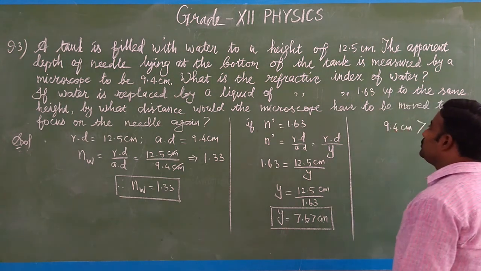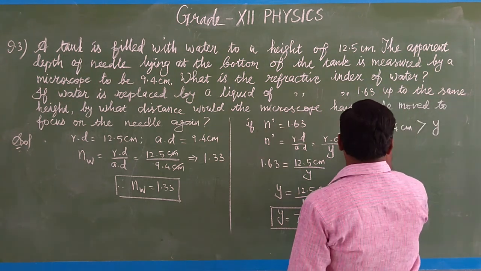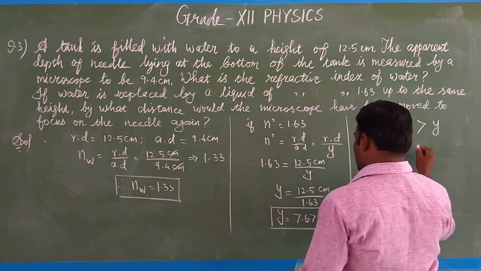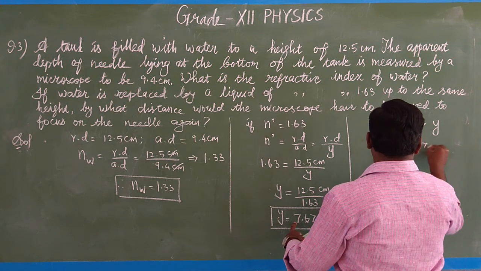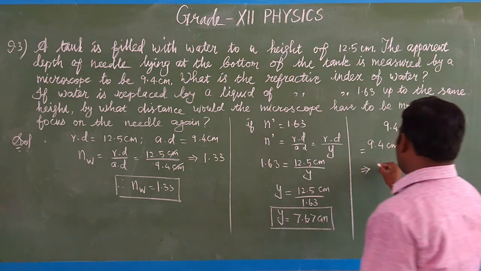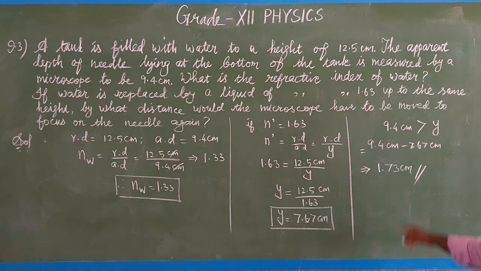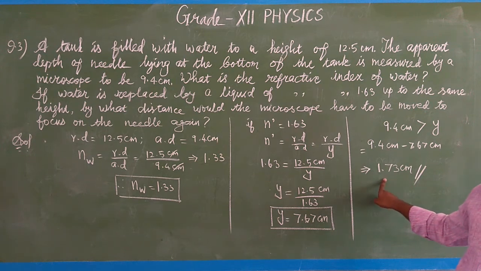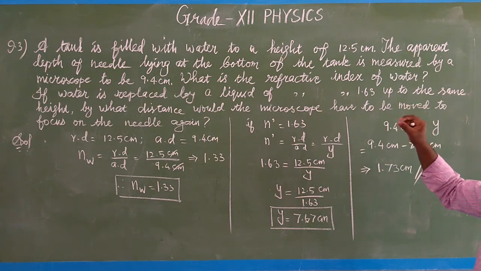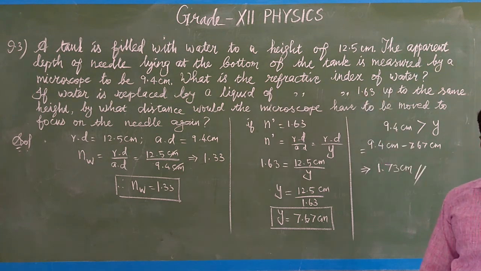What is the difference? 9.4 centimeter minus 7.67 centimeter is equal to 1.73 centimeter. So we need to adjust the microscope further by 1.73 centimeter for the new position of the needle when it is placed in the other liquid having the refractive index 1.63.